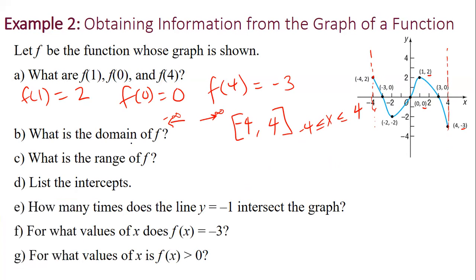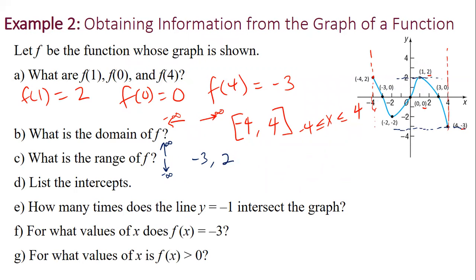All right. Our range. This feels like a review, right? I hope so. Our range is from bottom to top, right? So what's happening from the bottom to the top of the graph? When we look at our range, the lowest that it goes to is negative 3, and the highest that it goes to is 2.